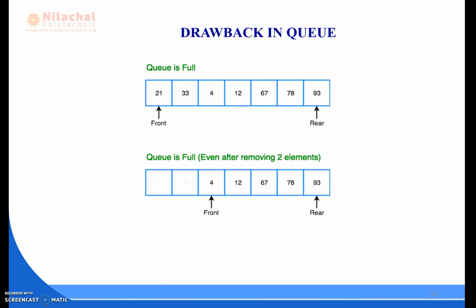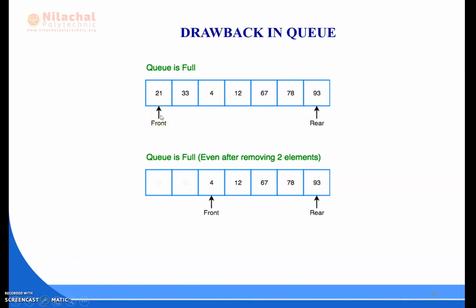At the last, we will be discussing what is the drawback in queue. The drawback in queue is, we already know we delete from the front position and we insert at the rear position. For example, first the inserted element is 21, then 33, then 44, then 12, then 67, then 78, then 93.